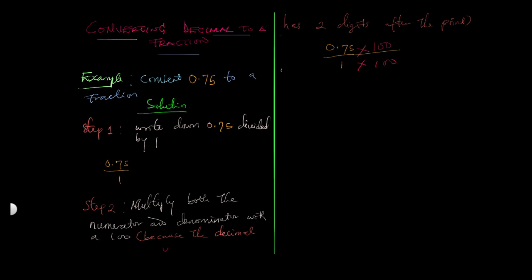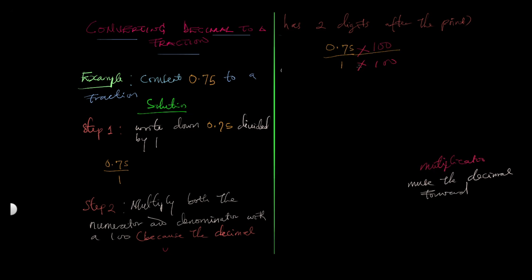When you are multiplying a decimal, what you do to the decimal point is move the decimal point forward.